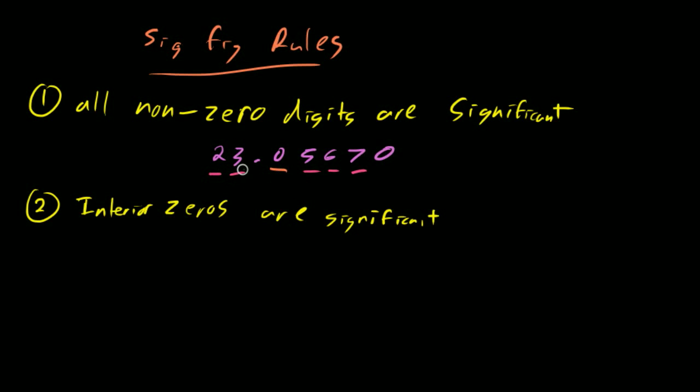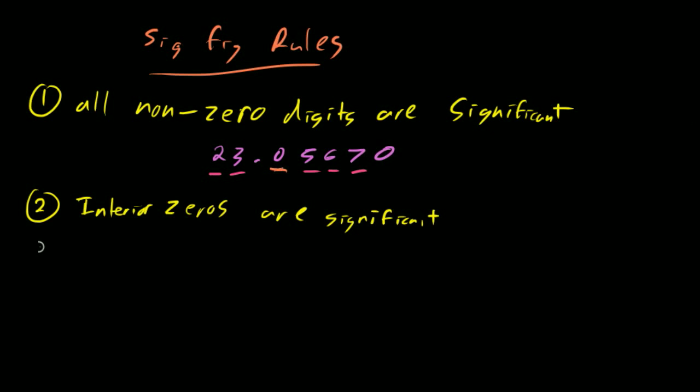And you could imagine, back from our scale example, if I was weighing, say, 23 pounds of apples or whatever, it's very possible that one of these digits could be 0, and that's still telling us information about how much those apples weigh. So this interior 0 is going to be significant.